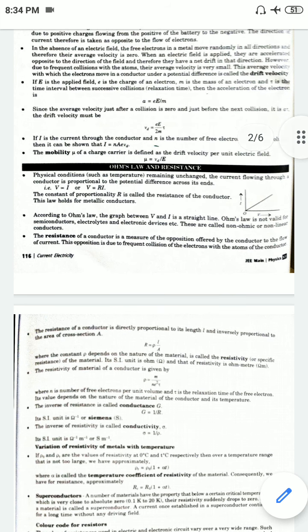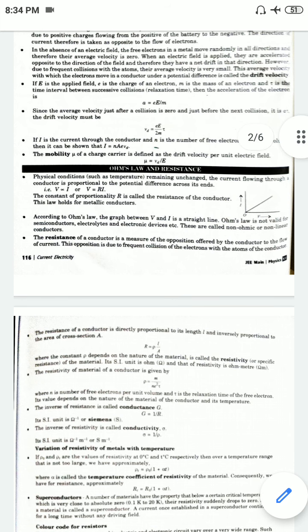SI unit for resistivity is what? Ohm meter.